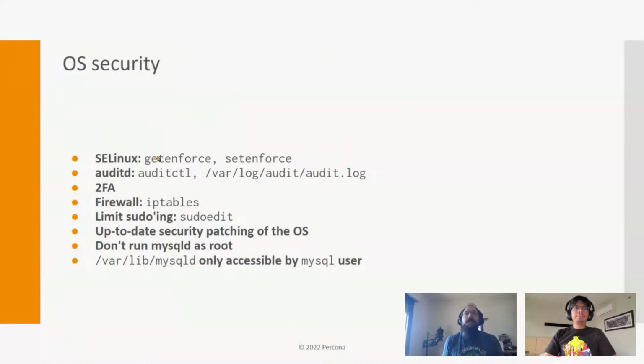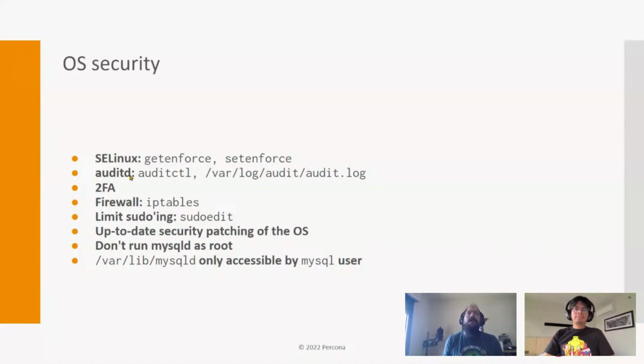Basic commands are getenforce to make sure it's in place, and setenforce. We have documentation on how to enable SELinux and still have a working database, because many times SELinux is going to prevent your database from working. So don't disable it. Make sure you configure it properly. And again, don't disable it.